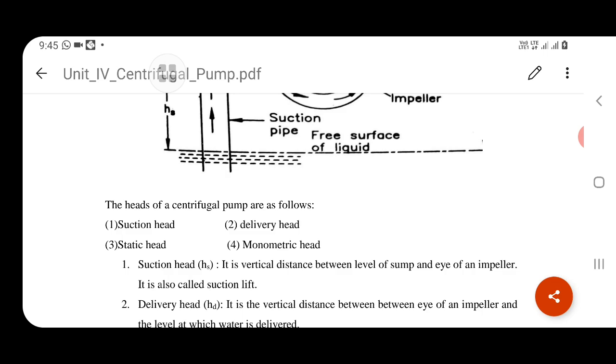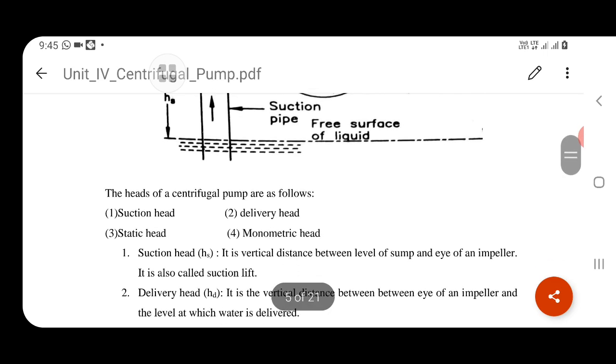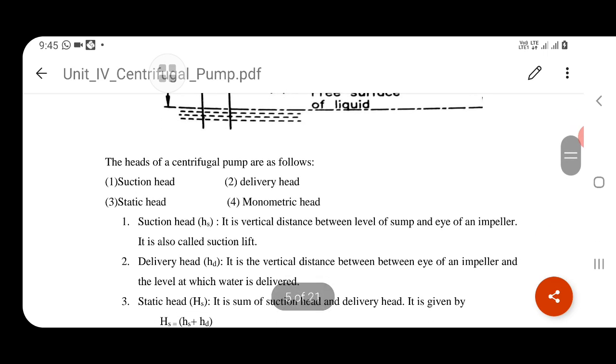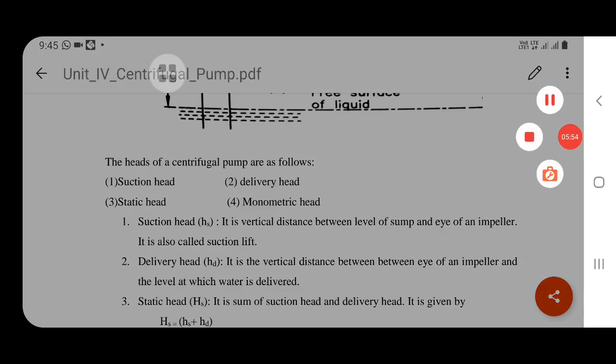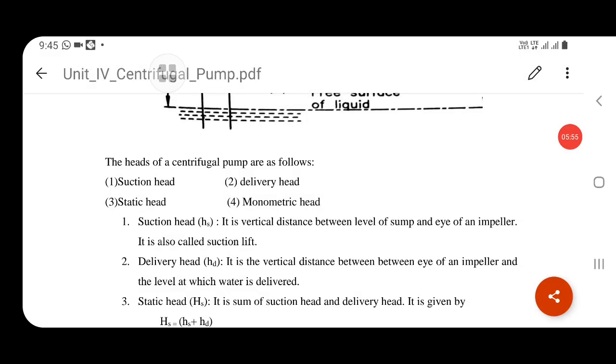So it is called suction lift. So write down suction head.